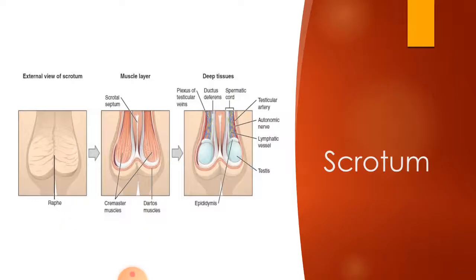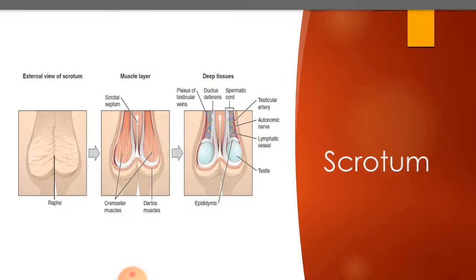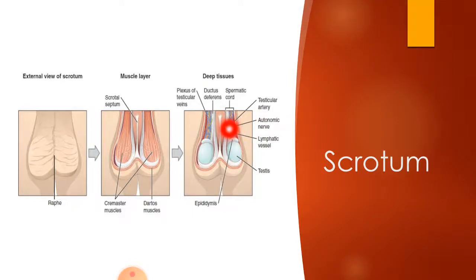But before that, once again we will look at the location of the testes. We know and we have studied in the scrotum that the testes are suspended in the scrotum by the spermatic cords. These are the spermatic cords. Once again, the testes are the paired structures that are equivalent to the ovaries in the female reproductive system.